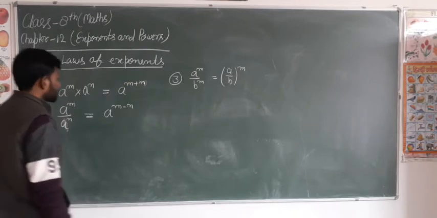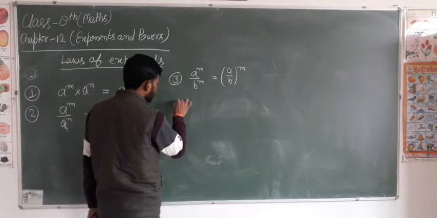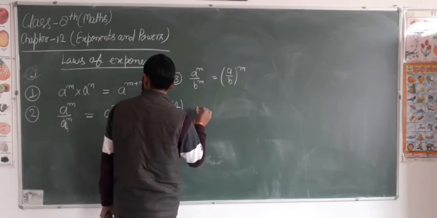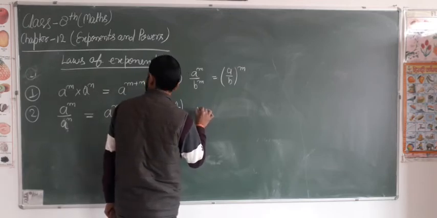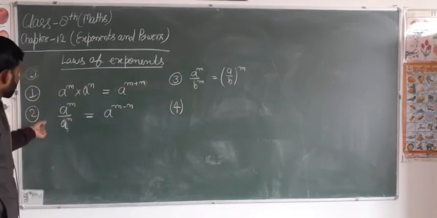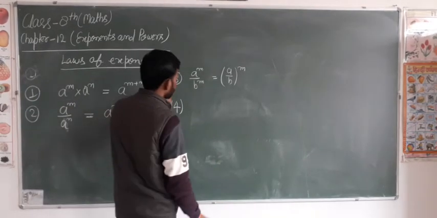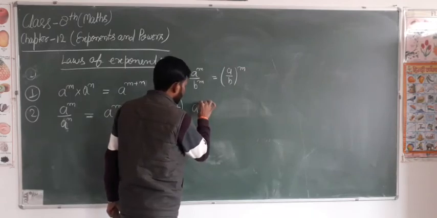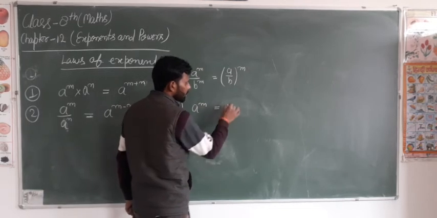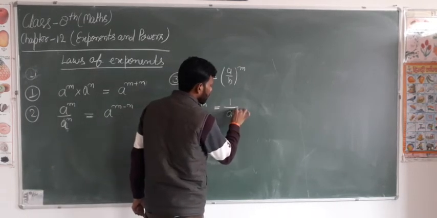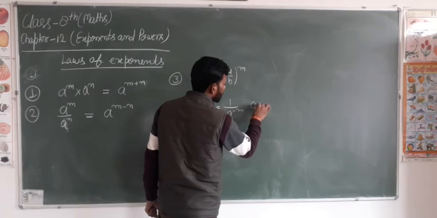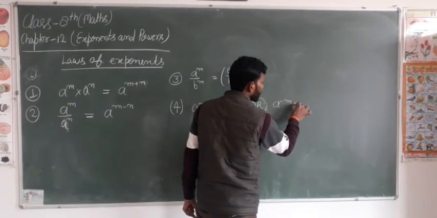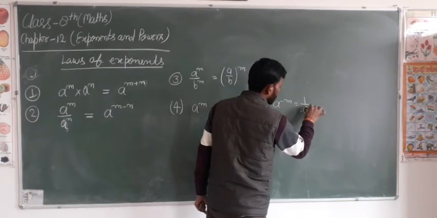And law number fourth: a to the power minus m can be written as 1 upon a to the power m, or 1 upon a to the power minus m is equal to a to the power m.